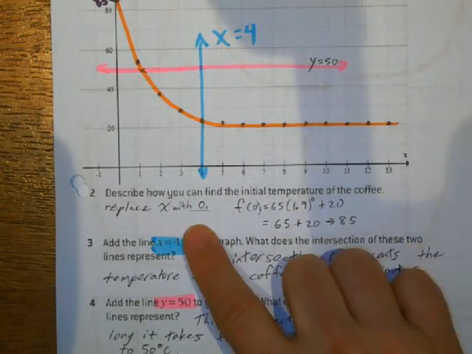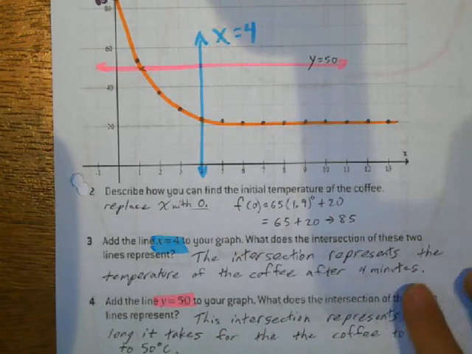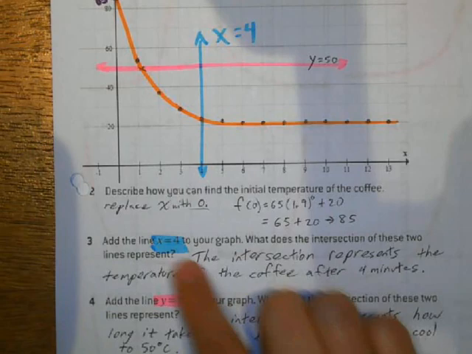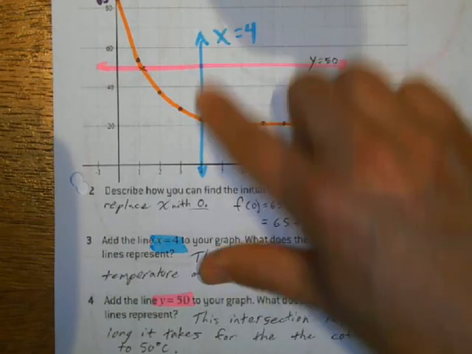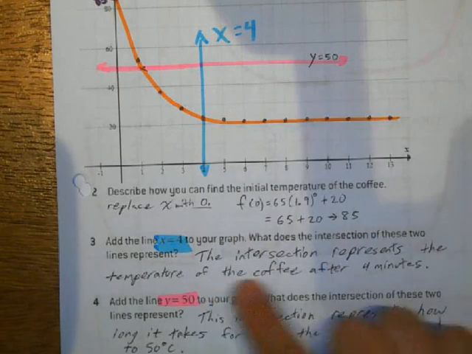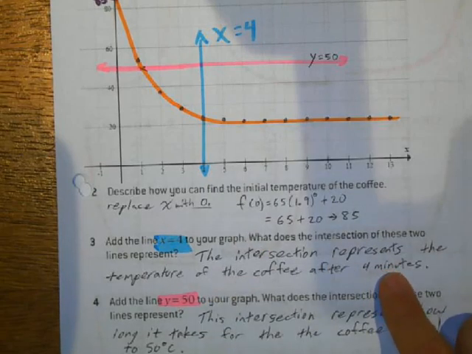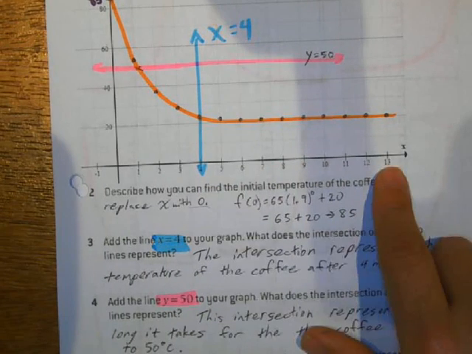We plugged in 0 for x. Now add the line x equals 4. What does the intersection of these two lines represent? So if I draw the line x equals 4, we get this intersection here. This intersection represents the temperature of the coffee when the time is equal to 4 minutes.